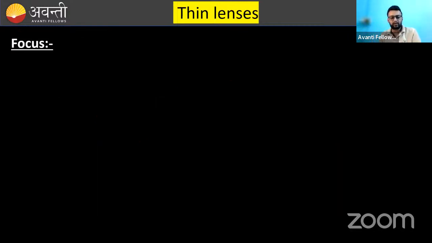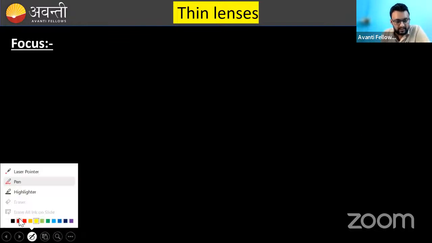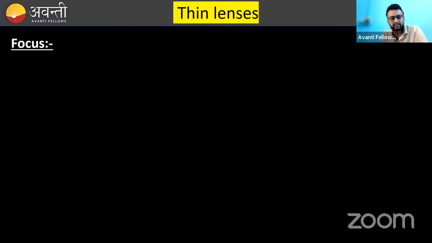Moving further. What is focus? I think everybody knows about focus now. Say yes or no. What is focus? I think this is a basic thing. You can understand it from the class 12th physics. Now, one thing I will tell you, focal length.